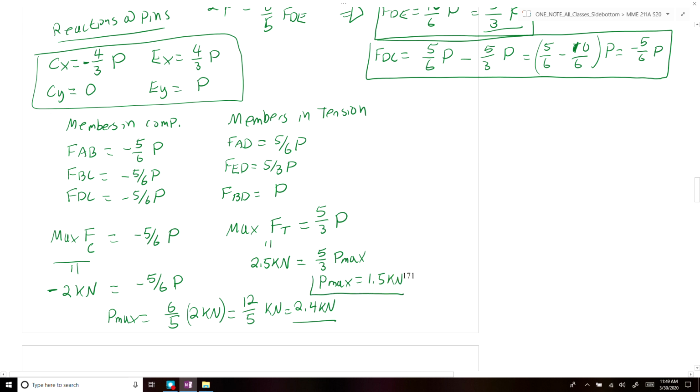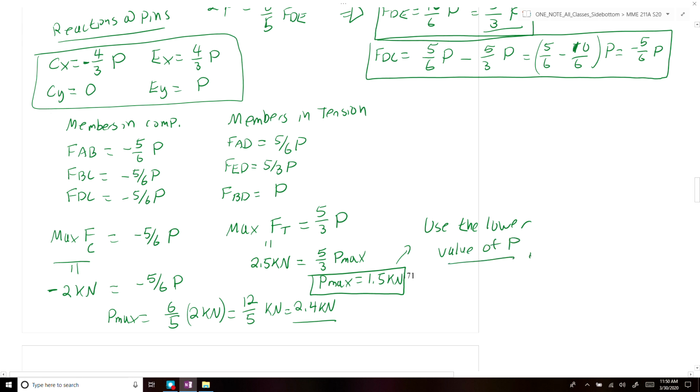Since 1.5 kilonewtons is less than 2.4 kilonewtons, the maximum allowable force that could be applied to the truss would be 1.5 kilonewtons. So in this type of problem, you would use the lower value of P.